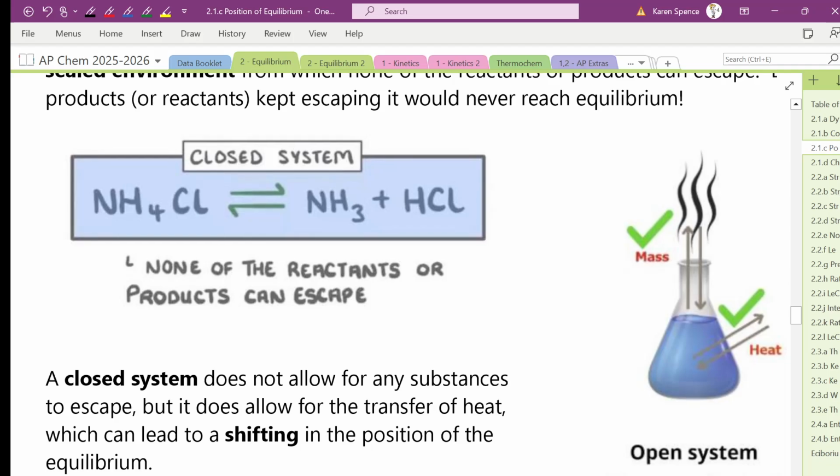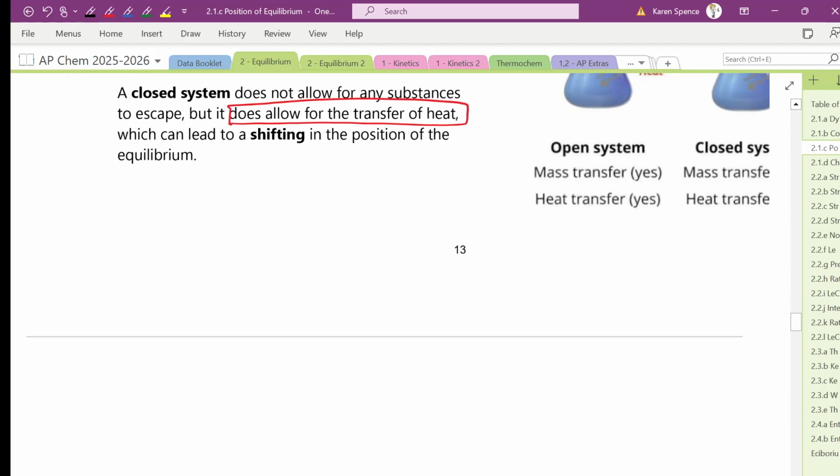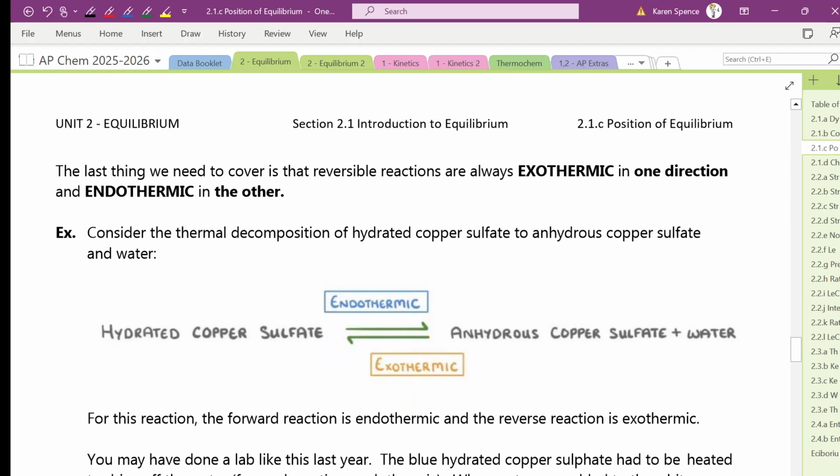Okay, so you have to have none of the reactants or products able to escape. So closed systems do allow for the transfer of heat, which can lead to the shifting in the position of the equilibrium.